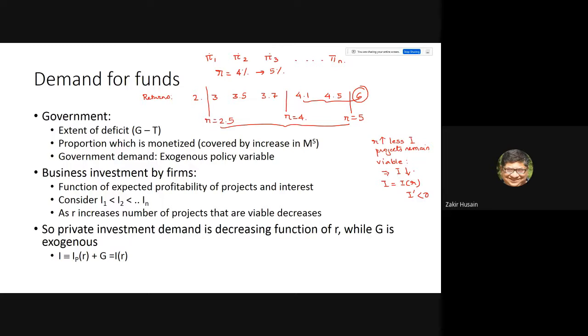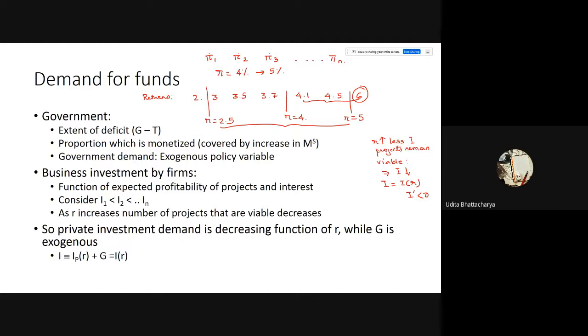G is also part of demand for funds, but G, we had argued, is an exogenous policy variable. So if you come to the last line, your aggregate investment demand can be defined as private investment, which is a function of R, plus G, which is exogenous. So therefore, the aggregate investment demand is a negative function of R. Is it clear, everyone?